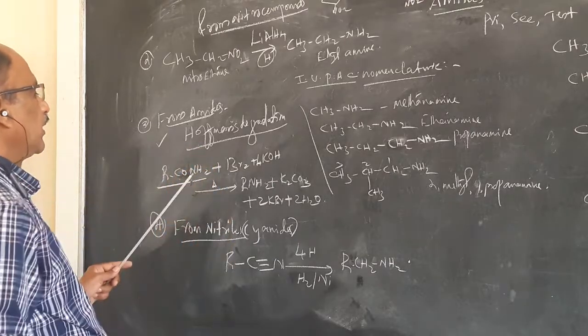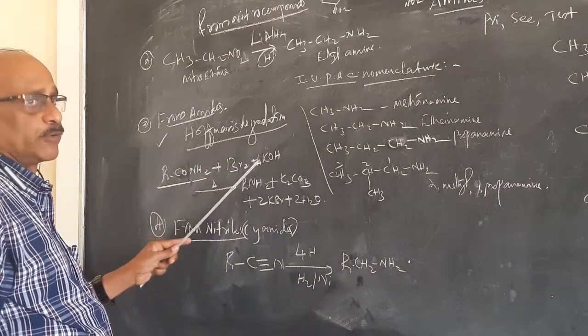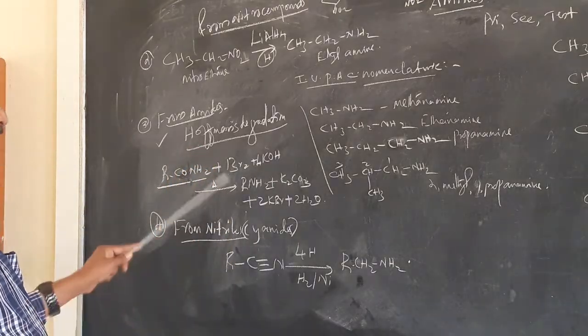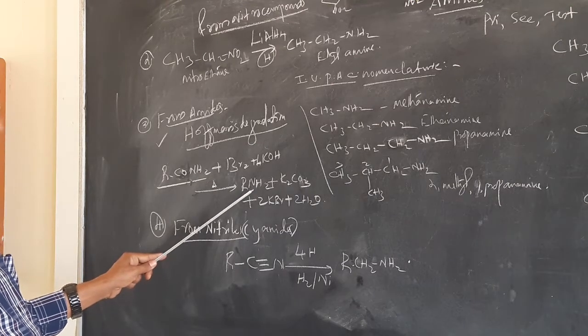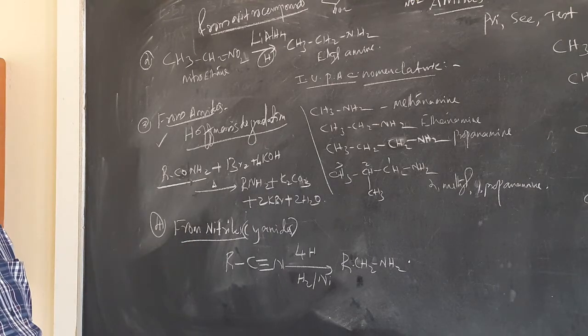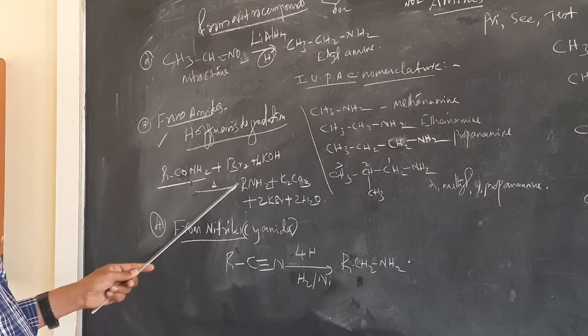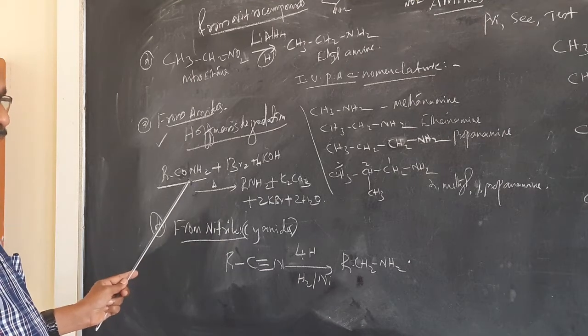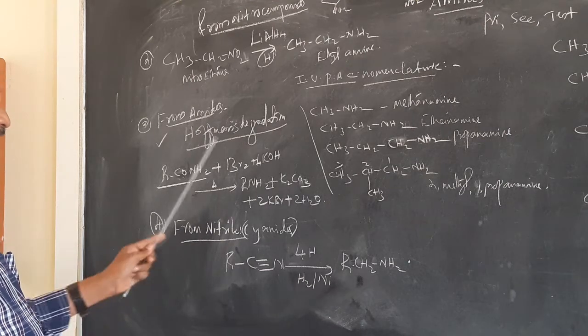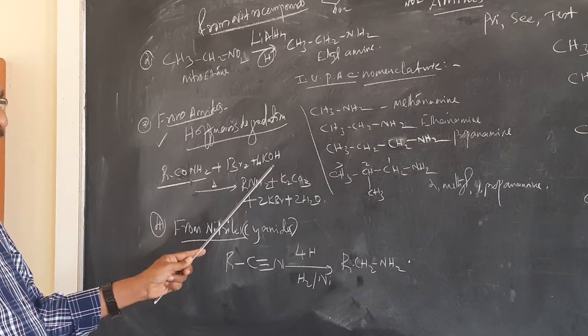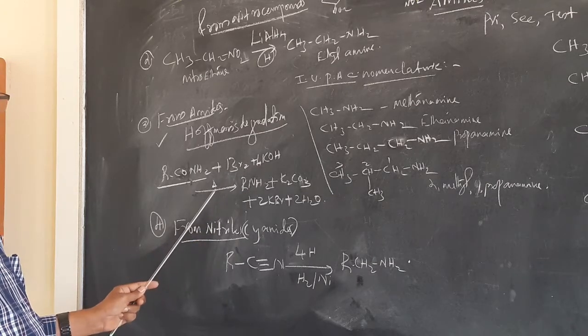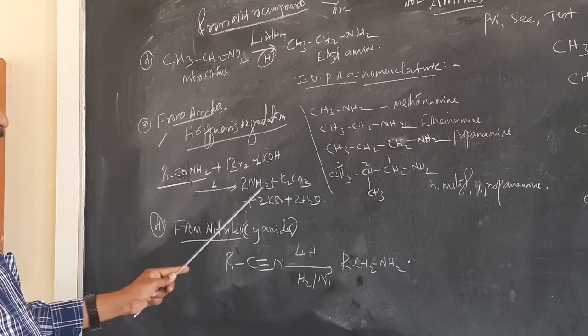When amide is treated with bromine and potassium hydroxide, with temperature applied, you will be getting a primary amine.